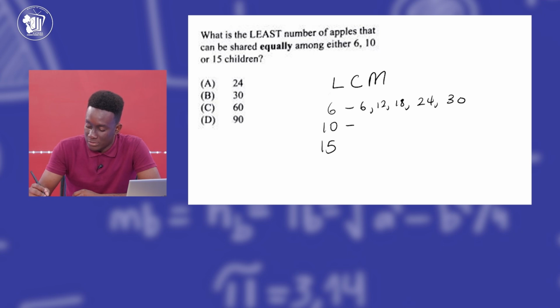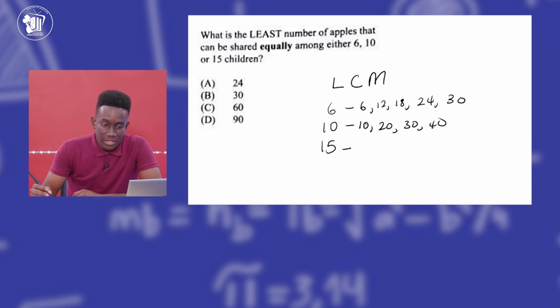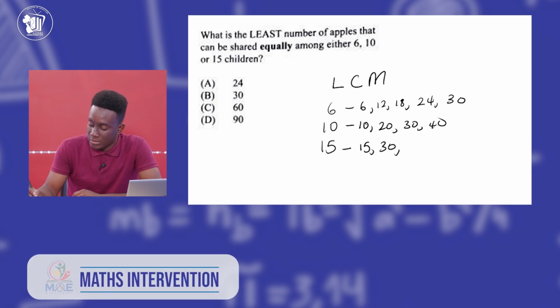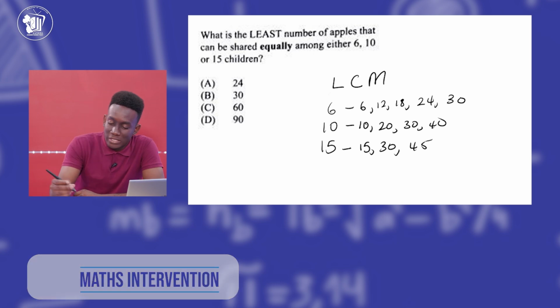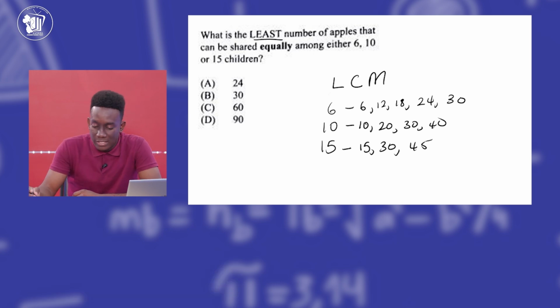Let's list some multiples of 10. We start with 10 and then 20 and then 30 and then 40. And then some multiples of 15 will be 15, 30, 45. And we want the lowest common multiple of 6, 10, and 15 because we want the least number of apples that can be shared equally among 6, 10, or 15 children.